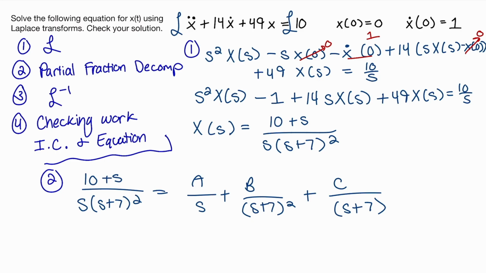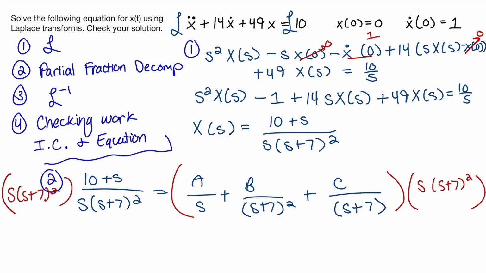For this, you take this denominator right here and multiply both sides by it. So I just do this, and then on the other side too. What you'll end up with is this canceling here.